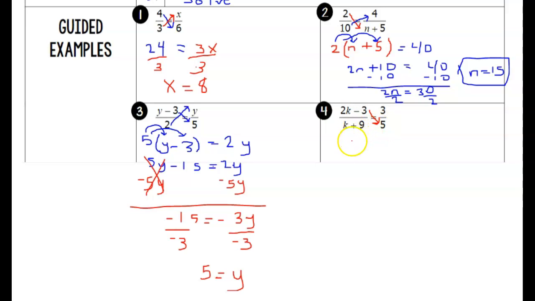I'm putting 2k minus 3 in parentheses because all of that needs to be multiplied by my 5. That's equal to, and then I cross multiply here, k plus 9 times 3. Again, I'm putting k plus 9 in parentheses because all of that needs to be multiplied by 3.